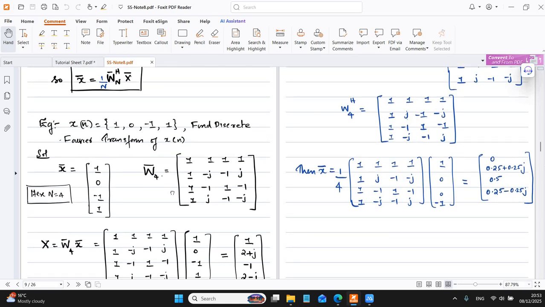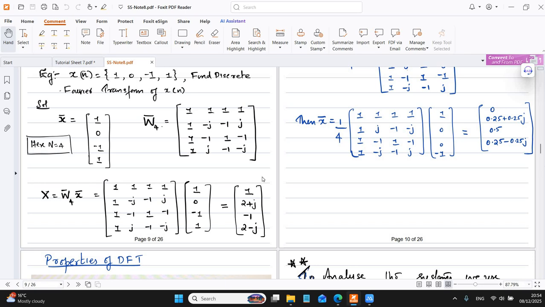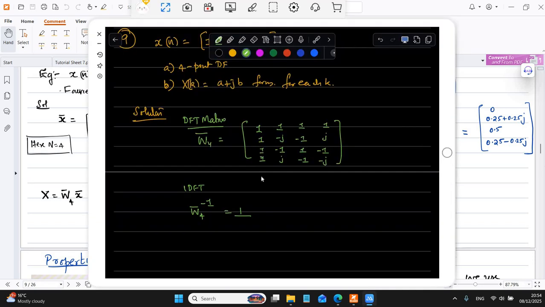Similarly, the IDFT matrix I will write down, which is W4 inverse. It is nothing but 1 over 4 times the Hermitian transpose of this, so 1 over 4 times W4 bar Hermitian.